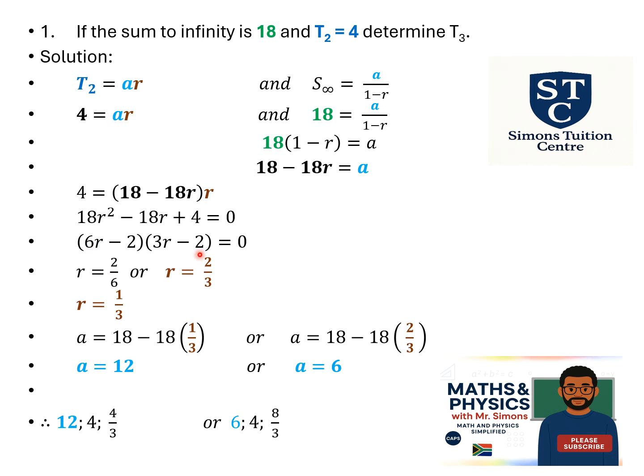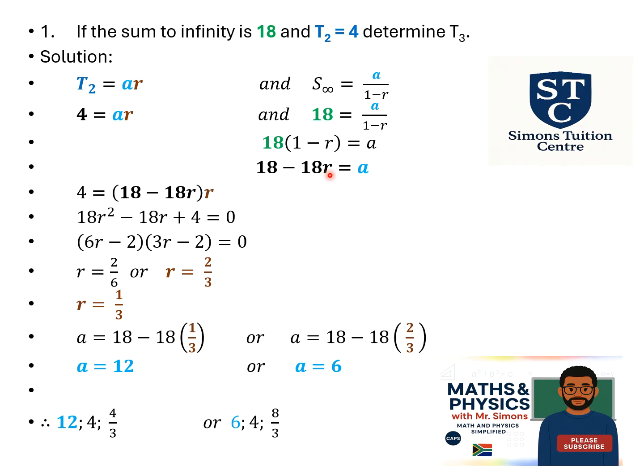So minus 12r minus 6r gives me minus 18r. From there, r equals 2 over 6, or r equals 2 over 3. 2 goes into itself once and into 6 three times, so r equals 1 over 3 or r equals 2 over 3.